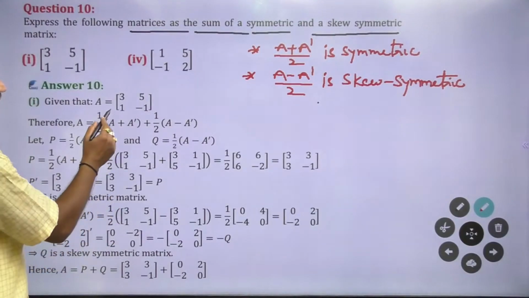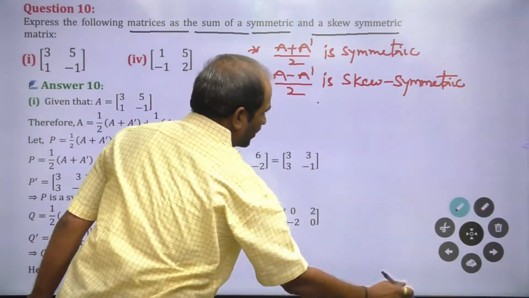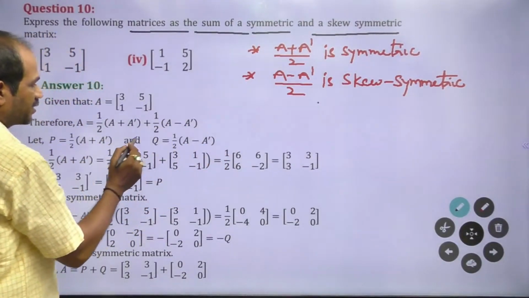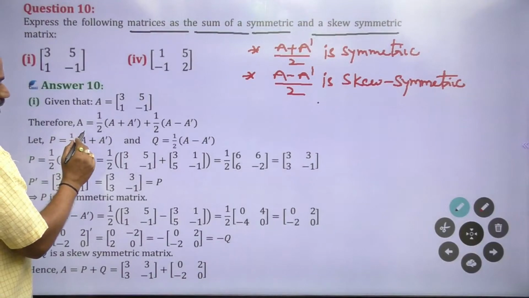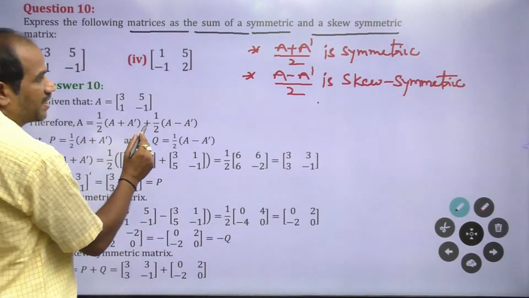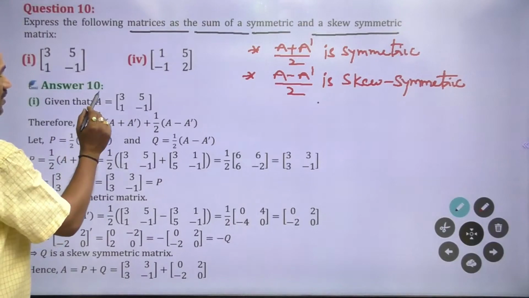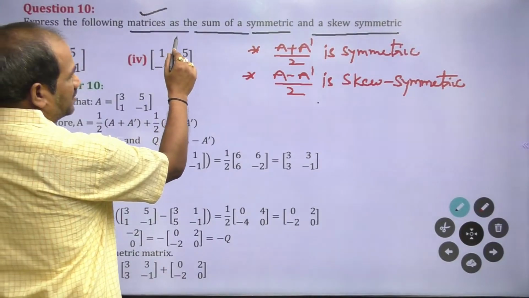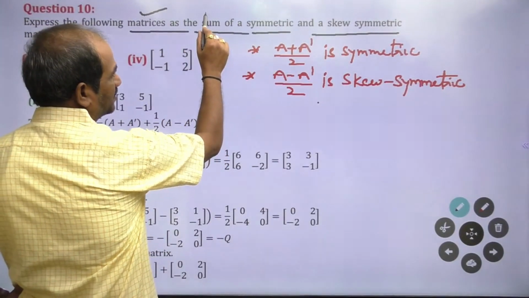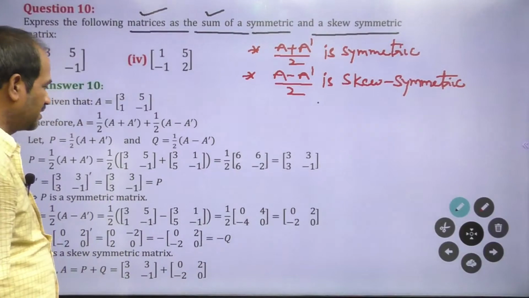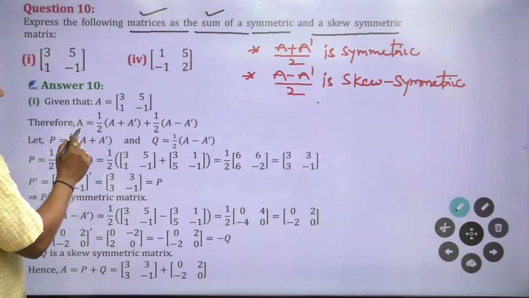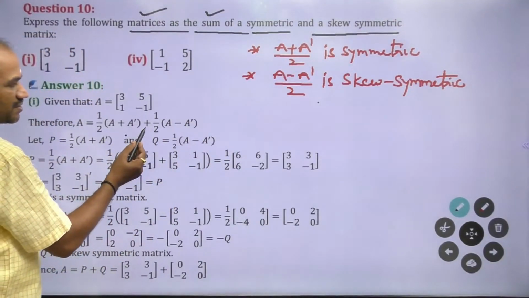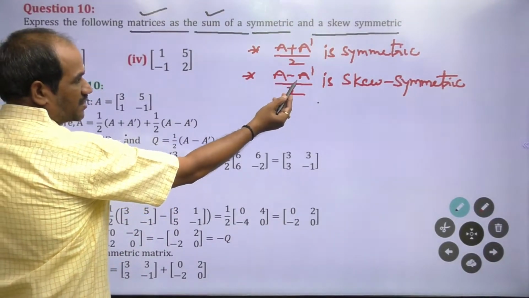So the given matrix is this matrix. First we calculate A plus A dash by 2. A can be written as the sum of a symmetric matrix, A plus A dash by 2, plus a skew symmetric matrix, A minus A dash by 2.